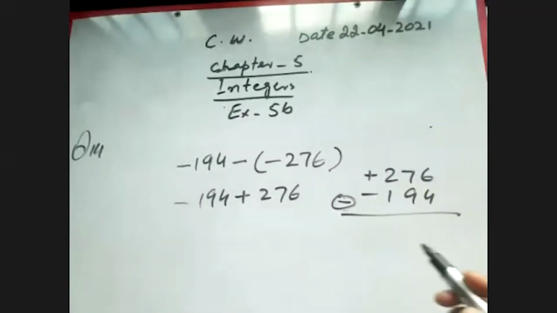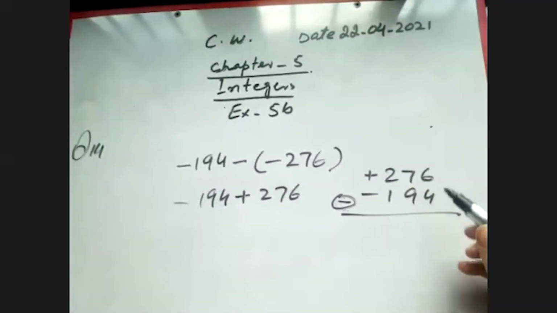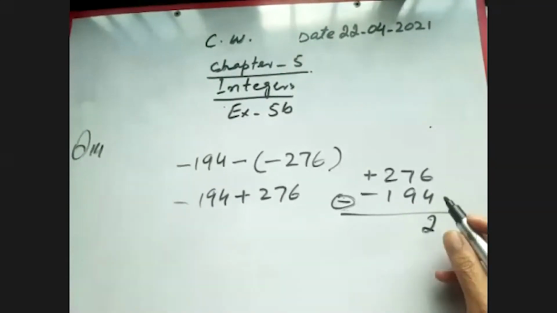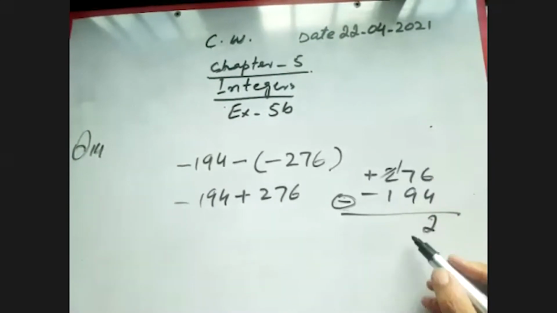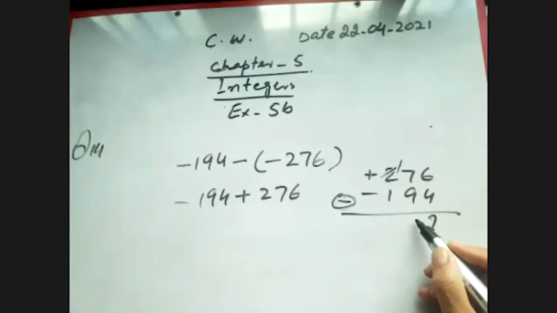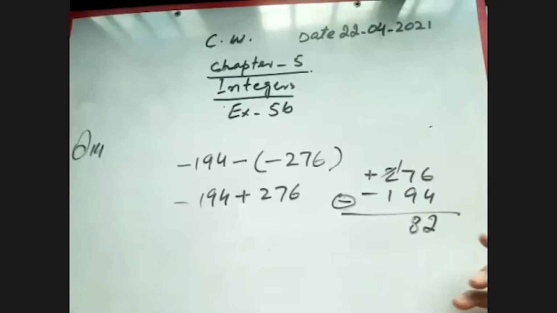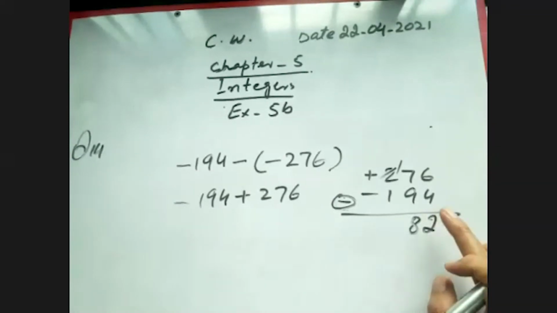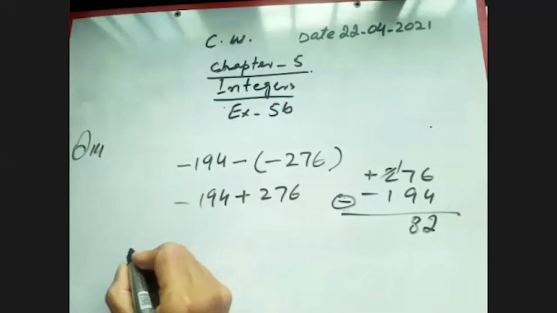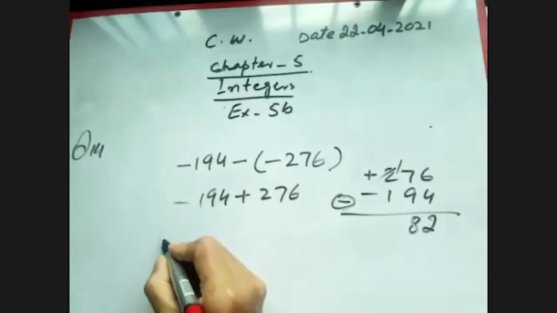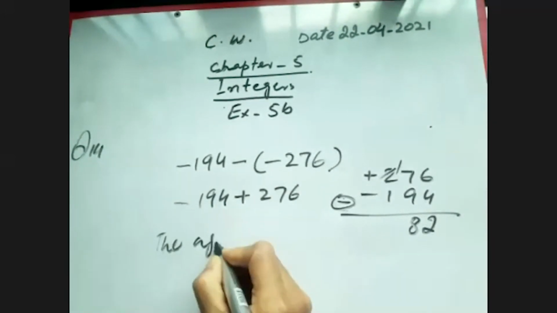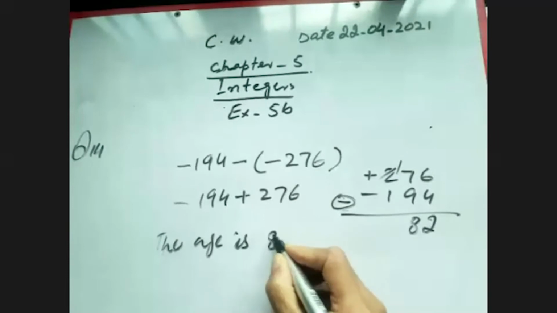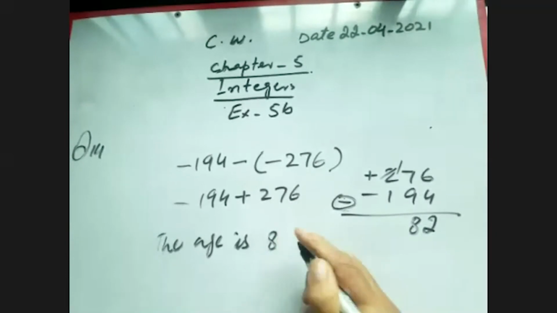This is a positive and this is a negative figure. 6 minus 4 is 2 and 17 minus 9 is 8. So the total age is 82 years.